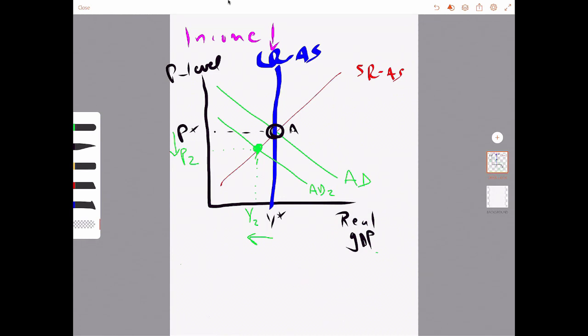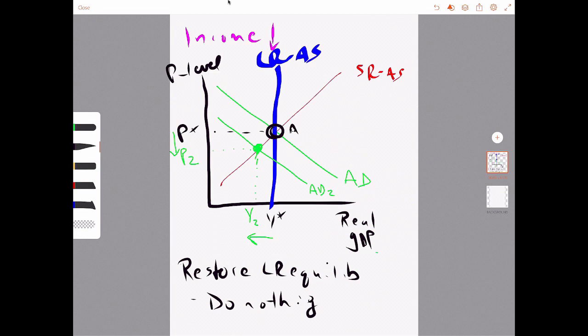Part of that plan might involve letting the markets do their thing, just letting markets adjust. And so one of the things we could do to restore the long-run equilibrium would be to do nothing. We could just say, I'm not doing anything. I'm going to let the market figure this out.